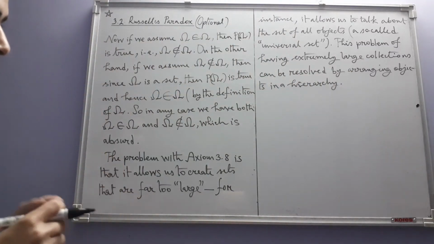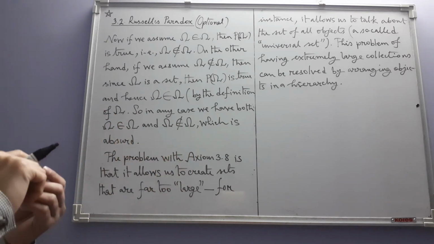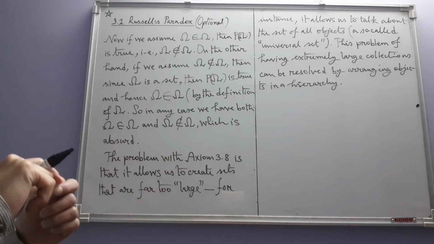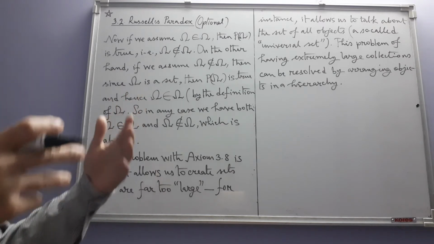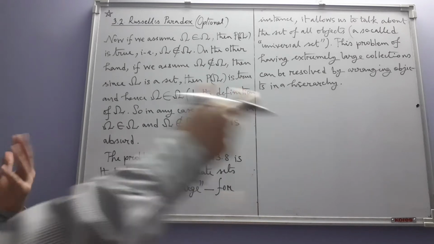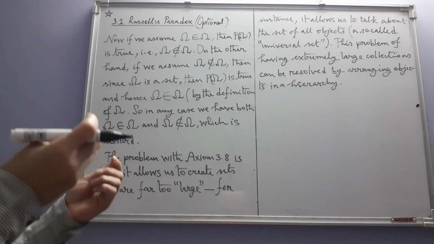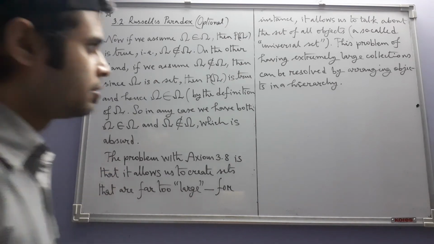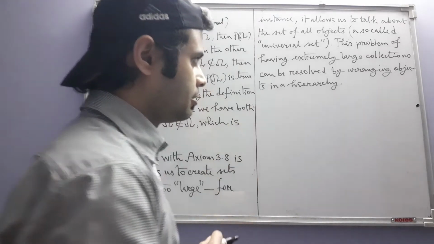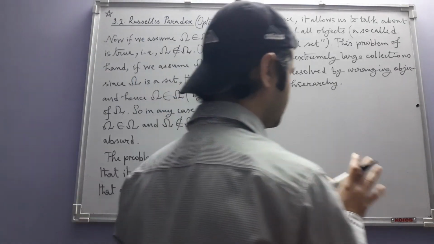And this is how we are proceeding in axiomatic set theory. We are starting from small sets and we are making larger and larger sets. We are not at once saying that here there is a set of all objects. Not like that. We will go from the bottom towards the top. So that is known as hierarchy, and let us just see what it is. Let's elaborate on this.